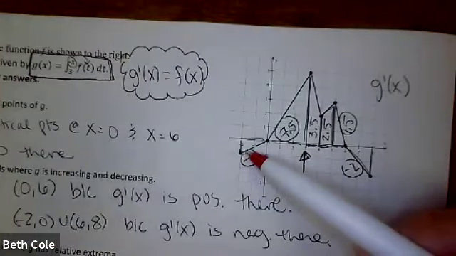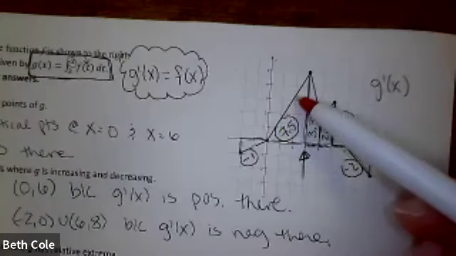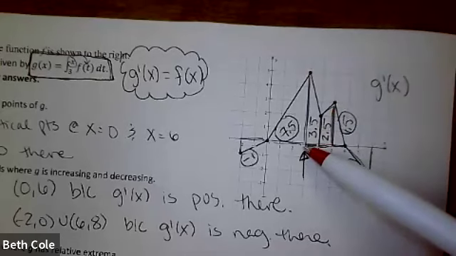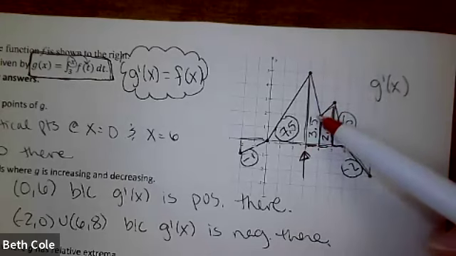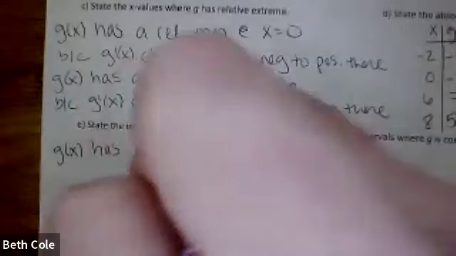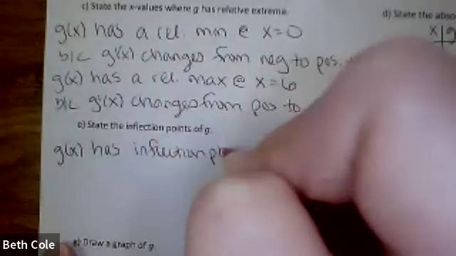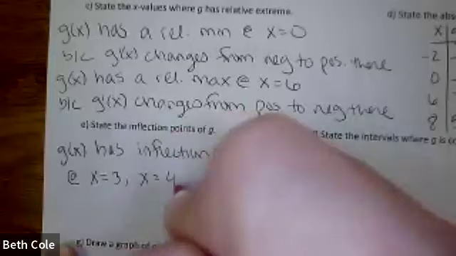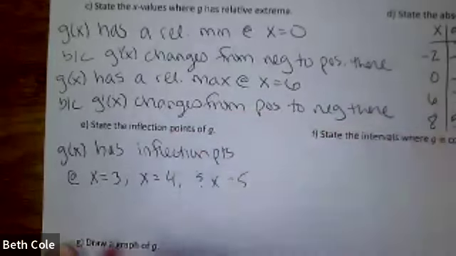Here we go. Have we changed from increasing to decreasing yet? No. Okay, pretend you're like on a roller coaster. Oh, here. Inflection point at 3 and where else? 4 and 5. Okay, so g of x has, you're going to make it. We're almost there. G of x has inflection points at x equals 3, x equals 4, and x equals 5.